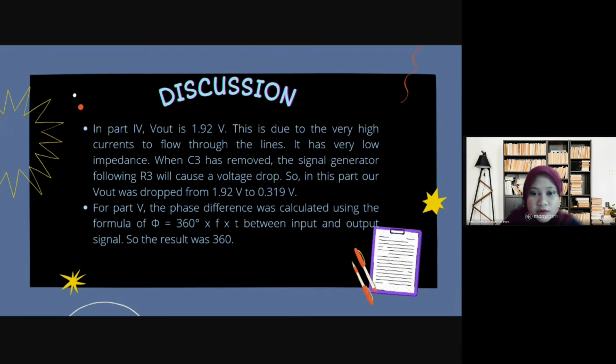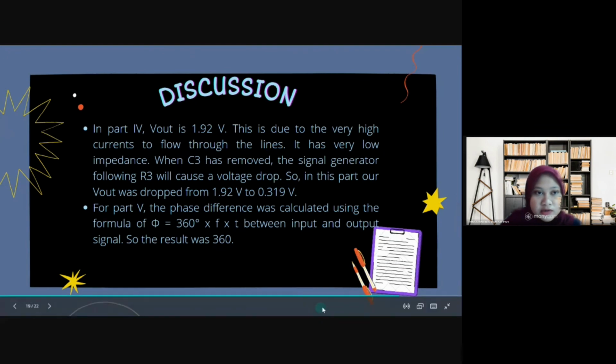For the last part, the phase difference was calculated using the formula given in the manual book. We calculate the phase difference between the input and output signal, and the result we got is 360, sorry.